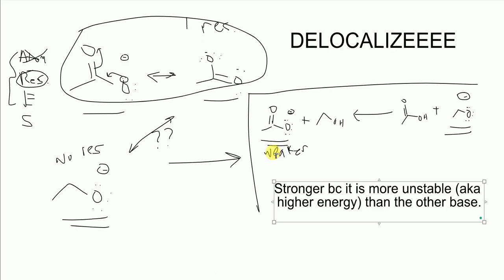All right, so the steps for this is draw your molecules if they aren't drawn for you already. Then look for the acidic hydrogens, right? The acidic hydrogen is going to be removed, and it's going to go to the base, wherever the negative charge is. And that's going to help you form your conjugate acid and conjugate base, and then from there, you're going to compare them.